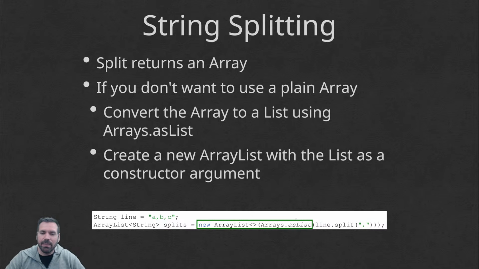If you don't want to think about another data structure and new syntax and how to use it, you can convert this into an array list using a little bit more than we did last time. We're first going to convert that array into a list using Arrays.asList. And then we're going to convert that list into an array list by stuffing it into the ArrayList constructor, similar to what we did when we were reading all the lines of a file. And then we have an array list of all the splits after calling split.